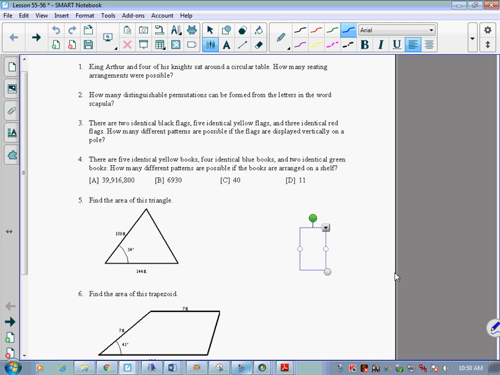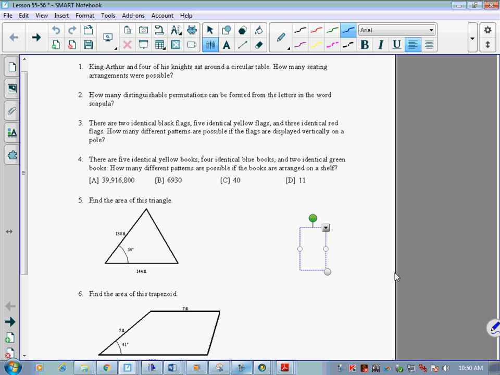These first four, the first one for sure, we're talking about distinguishable permutations. Imagine if we had the word Mississippi and we wanted to know how many different combinations there are for those letters.